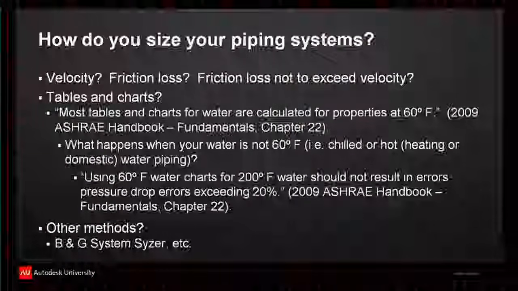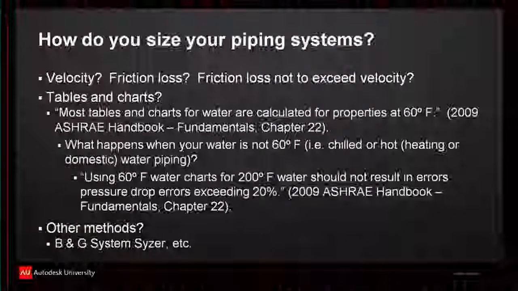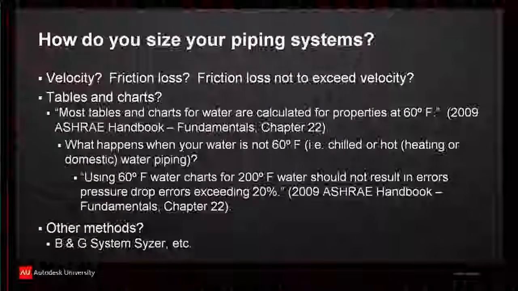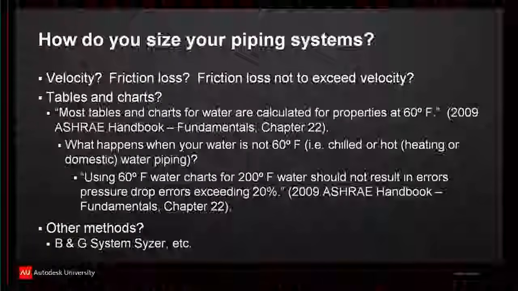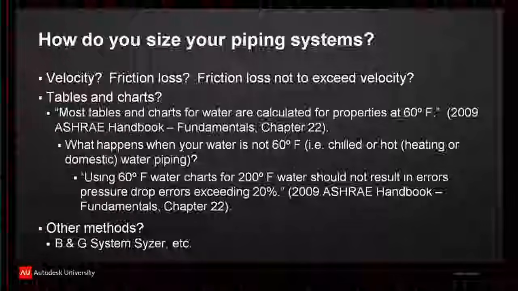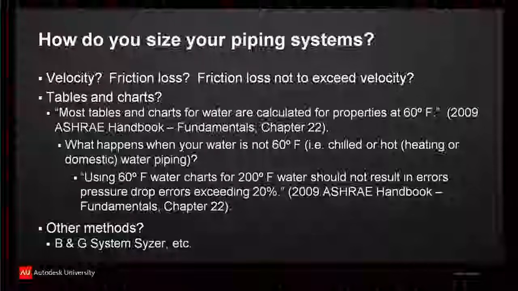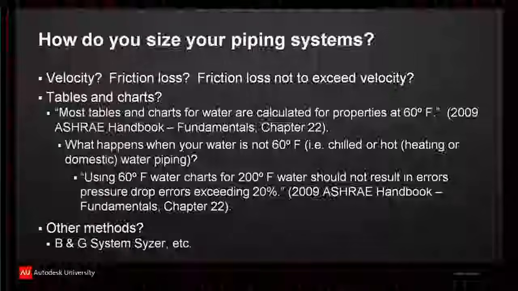We also understand that you guys have tables and charts that you may use. We also understand that there are some other items, and we'll talk about that in a second, with the system sizer. But what are those tables and charts based on? Again, digging out the Mechanical Engineer's Bible, ASHRAE, if you look at chapter 22, it says that those tables and charts are based on 60-degree water.